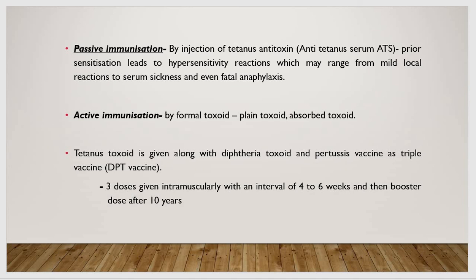Active immunization is by formol toxoid, plain toxoid, or adsorbed toxoid. Then tetanus toxoid is given along with diphtheria toxoid and pertussis vaccine as triple vaccine, which you might be knowing, DPT vaccine. This vaccine is given in 3 doses intramuscularly with an interval of 4 to 6 weeks, and then booster dose after 10 years.